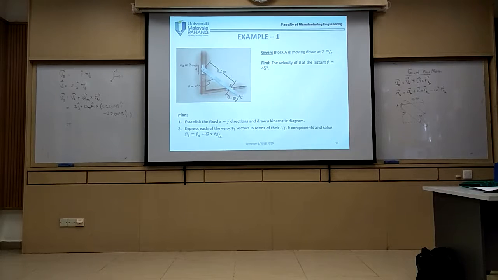Remember, this r_BA is a vector, so you have to define it in vector form.